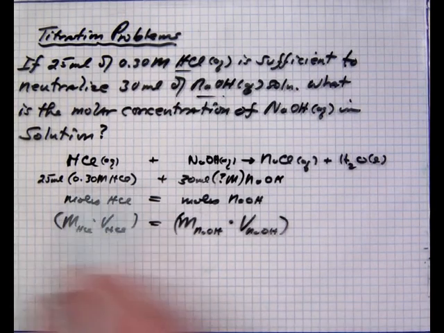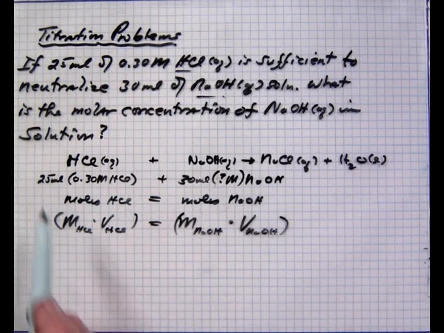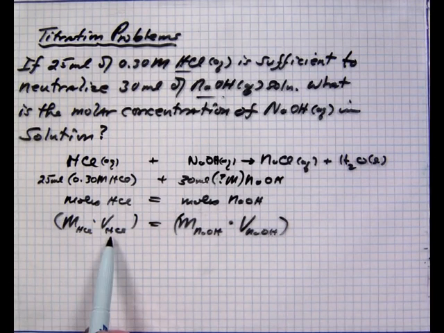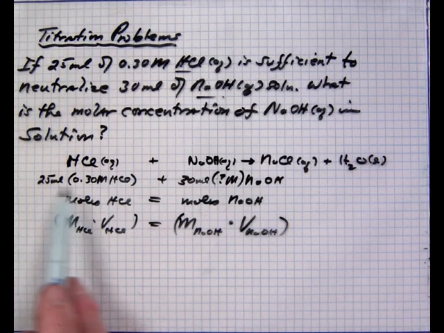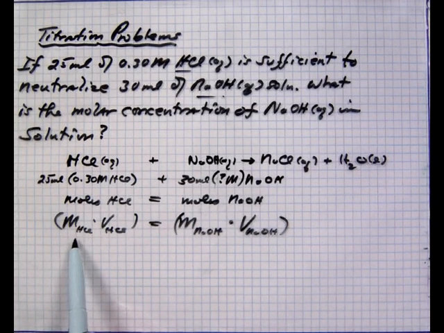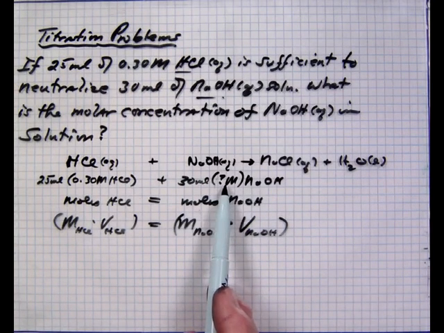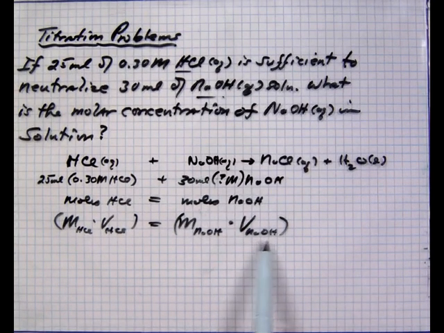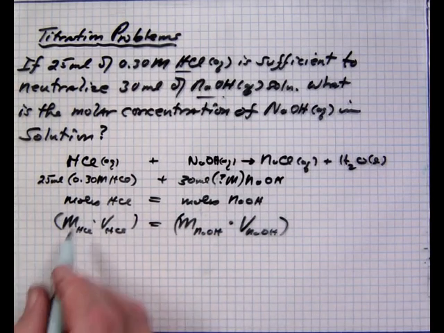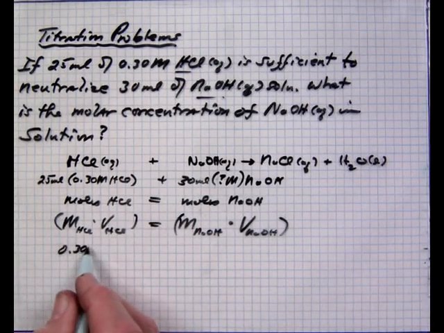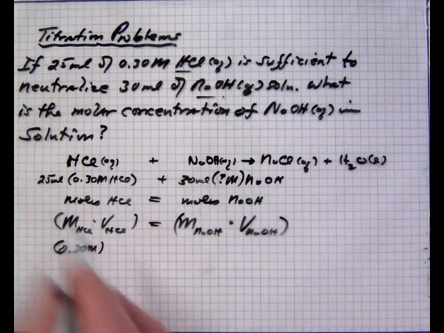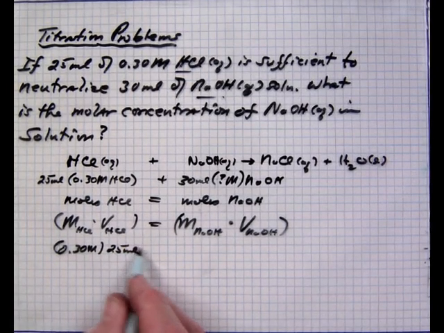So as we look at the data that's given, we've got 25 mils of HCl solution, 0.3 molar concentration. Molarity of the sodium hydroxide is unknown, and we have sodium hydroxide 30 milliliter solution. So we substitute these in, so I have a 0.30 molar. Volume is 25 milliliters.